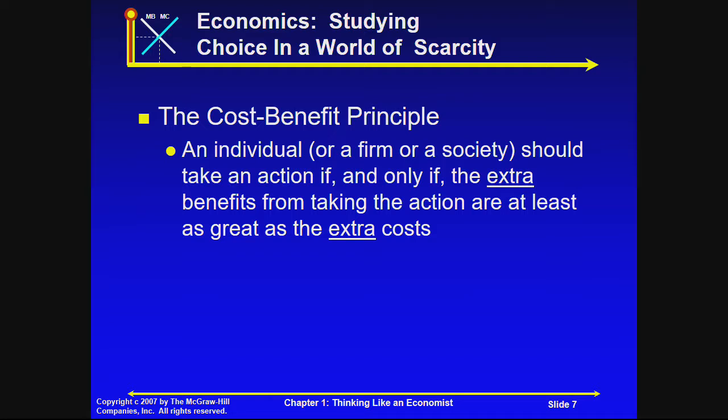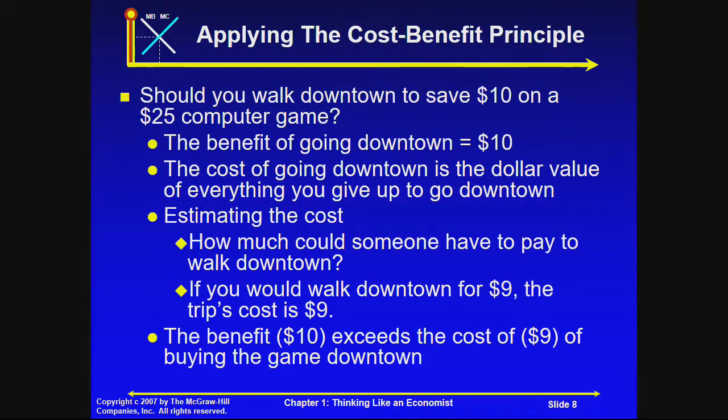That's just the truth. That's just a fact in this world. So now let's ask another question to demonstrate how this principle works. Should you walk downtown to save $10 on a $25 computer game?